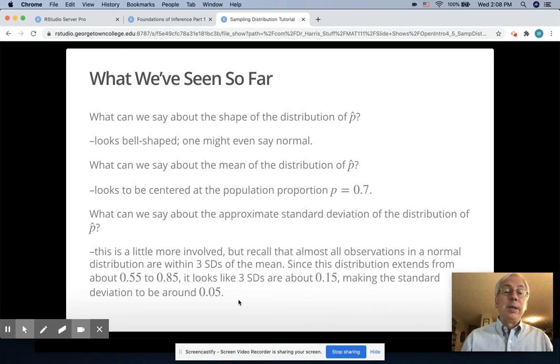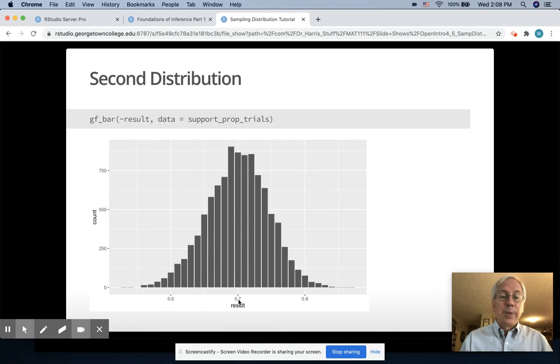And then finally, standard deviation. Remember that according to the 68-95-99.7 rule, about 99.7% of all observations from a normal distribution live within 3 standard deviations of the center. So we can come back here and think about, well, how far is 3 standard deviations?